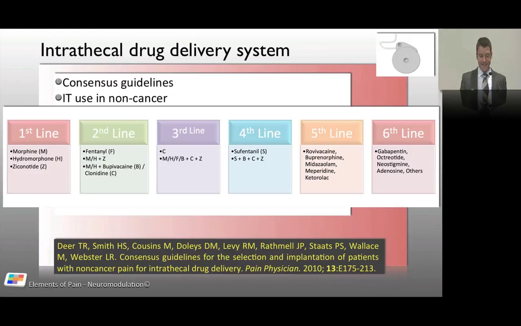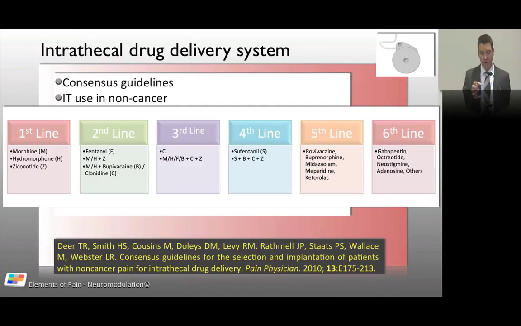Second line is the addition of, so you could use fentanyl, you could have the morphine hydromorphone with zaconotide, morphine hydromorphone with bupivacaine or clonidine, so opioid essentially plus something else, local anesthetic. That's the main one. Third line, and again, as you move on, you're adding in additional medication.